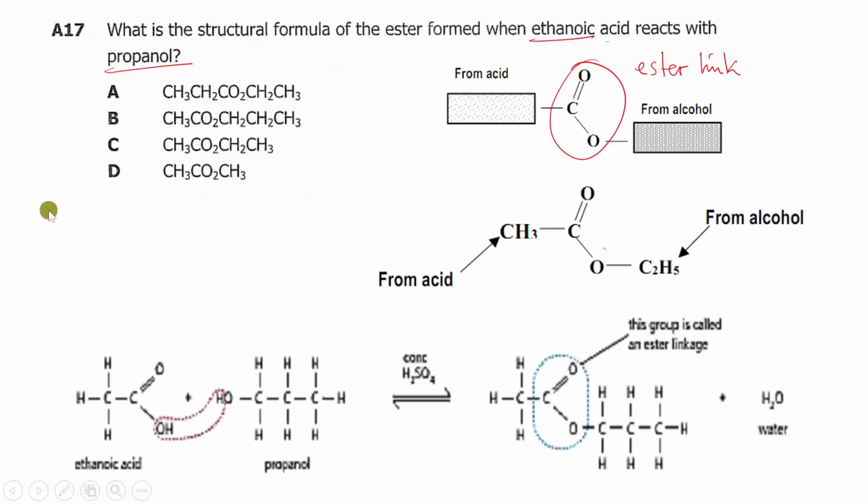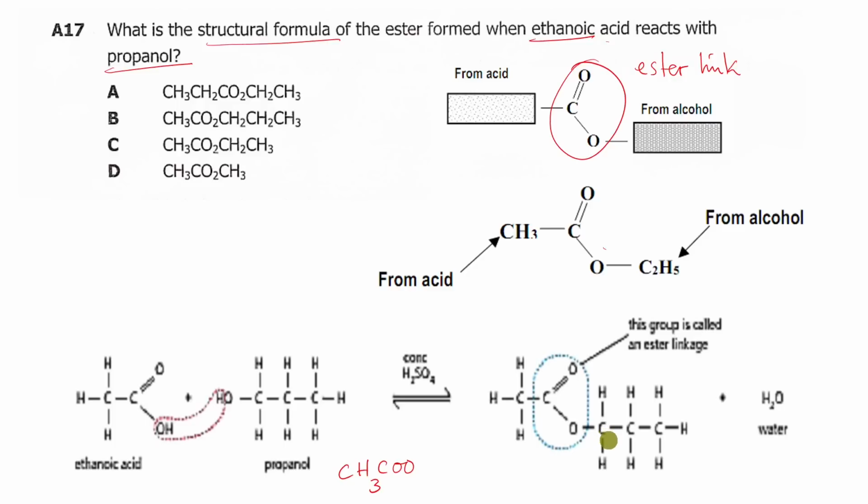Now they want the structure. What is the structural formula? This one should be the molecular formula, but they are also calling it structural formula. To get it, you can make it from here. You start from here, C, you give this hydrogen 3. So say CH3, then COO.